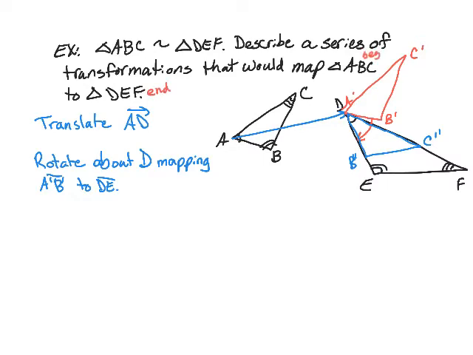So my third instruction would be to dilate from D with the scale factor of DE over AB. Okay, it doesn't matter whether you use the primes or the unprimes, they're the same length. So I just went back to the original. And that's enough to map triangle ABC to DEF. Again, we usually start by translating, and then we rotate, and then reflect if we have to, and then we dilate.